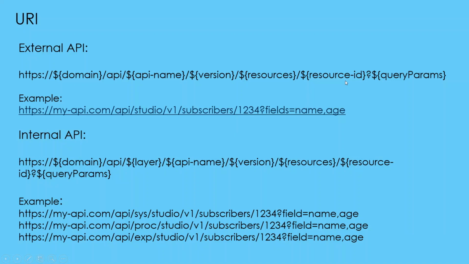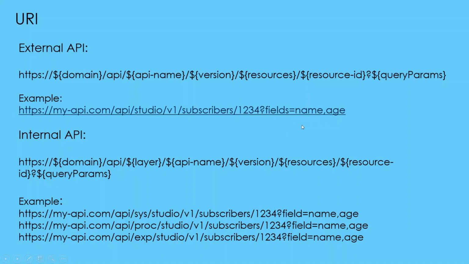We are actually creating the resource, so as a response we get the resource ID. Now query parameters, as you know, are strings that are often used to carry identifying information in the form of key value pairs. For example, in this case I want to get the fields like name and age.